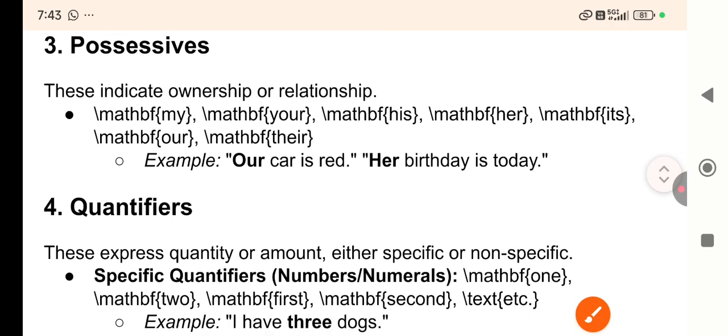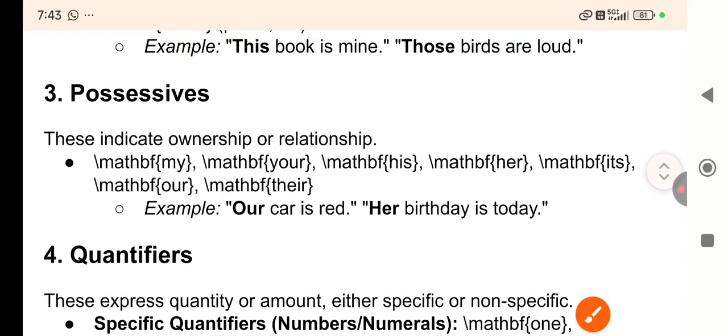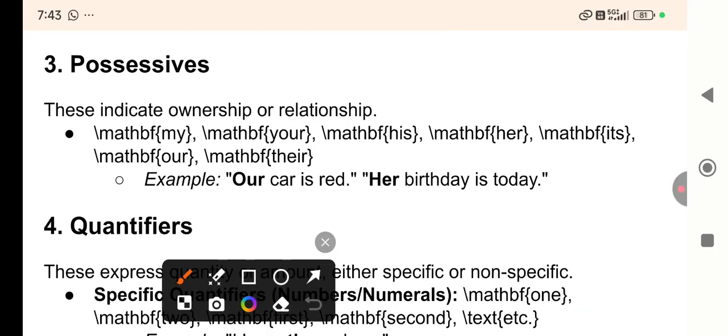Okay, now the third type of determiner is possessives. Possessives are my, your, their, his, her, its.